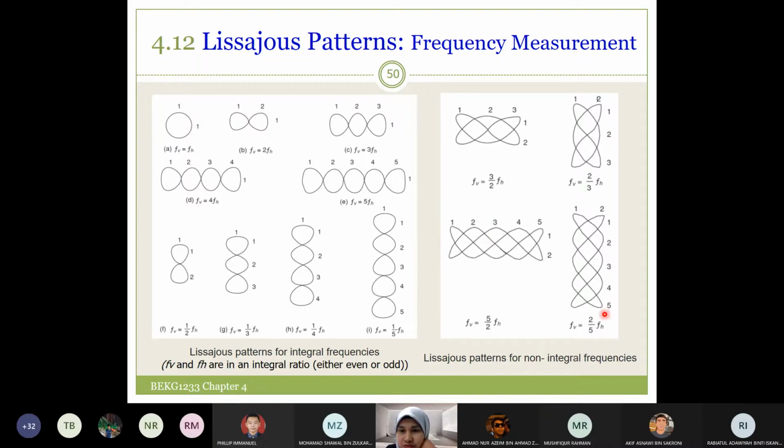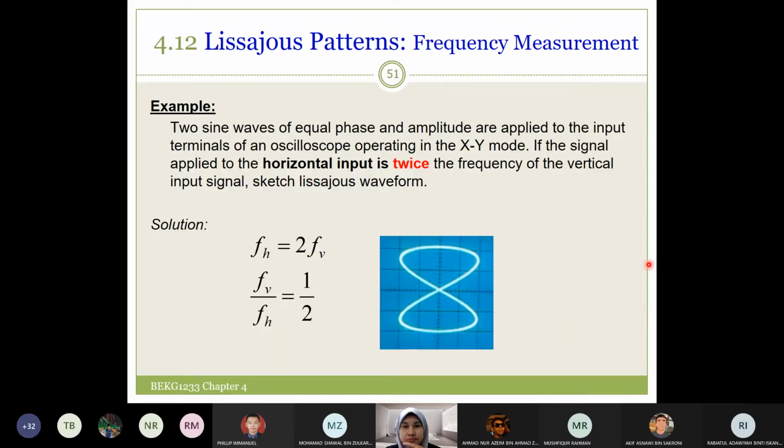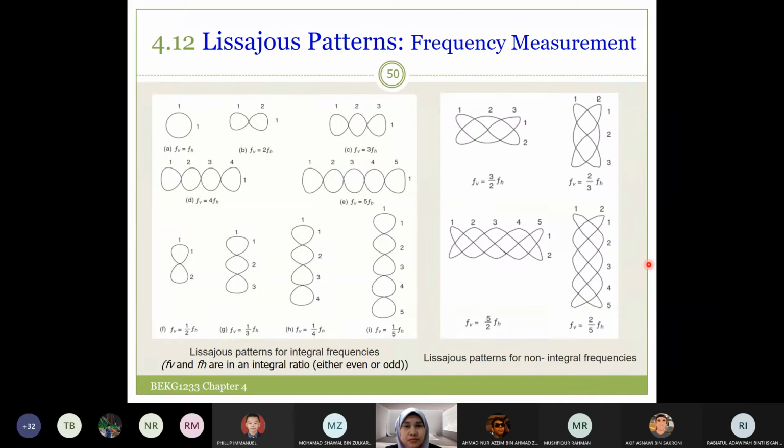This one 5 Fv: on vertical we have 1, 2, 3, 4, 5 loops, equal to, for horizontal, 1 and 2 loops, so 2 Fh. Any question? Can you understand? Clear, doctor? Clear?